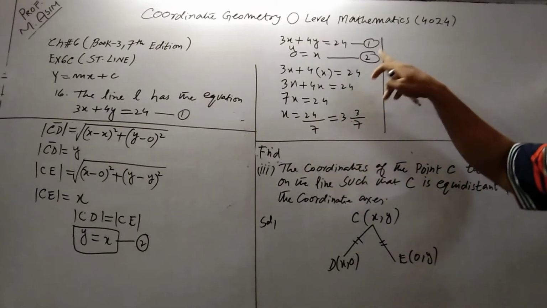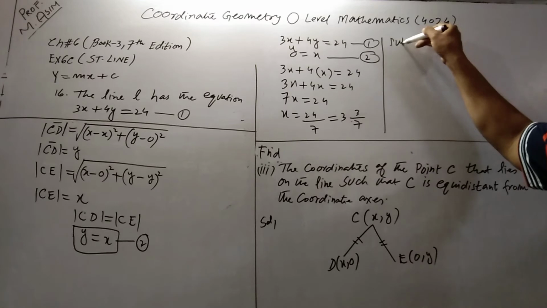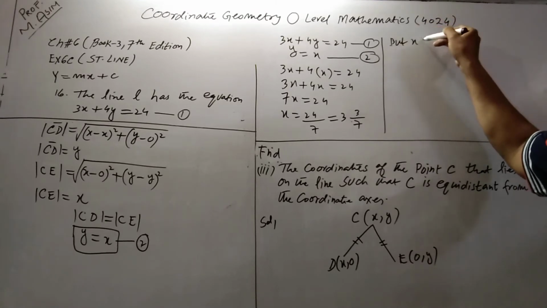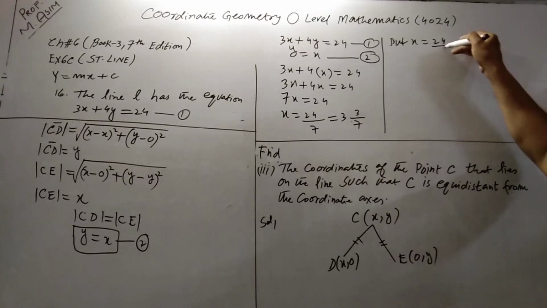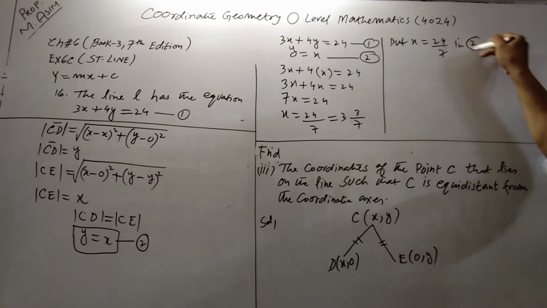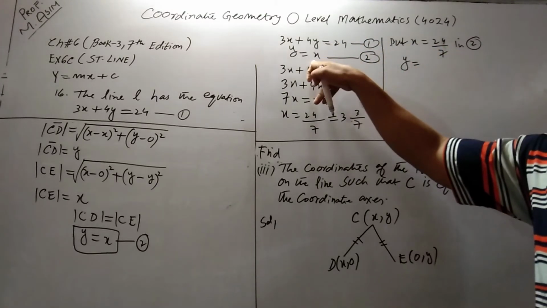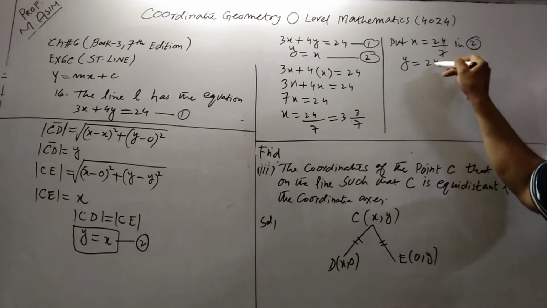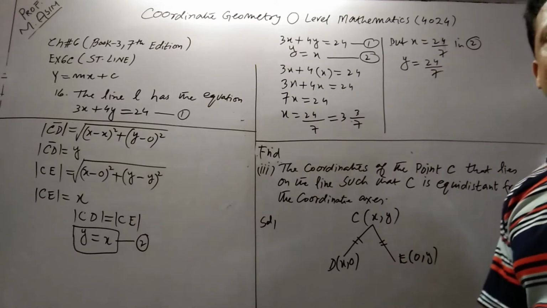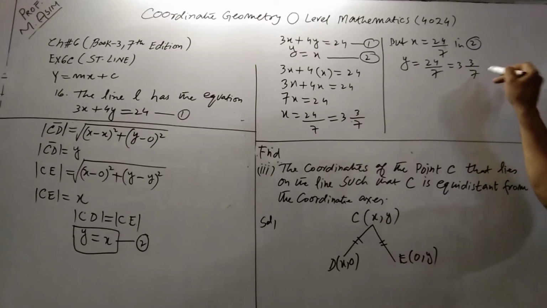So I can put in equation number 2, put x is equal to 24 upon 7 in equation number 2. So y is equal to x. So what is x? 24 upon 7, the same value, and we can also write this in mixed number form.